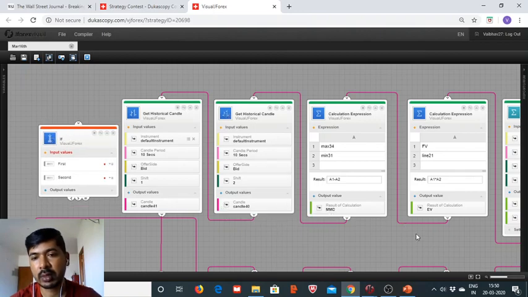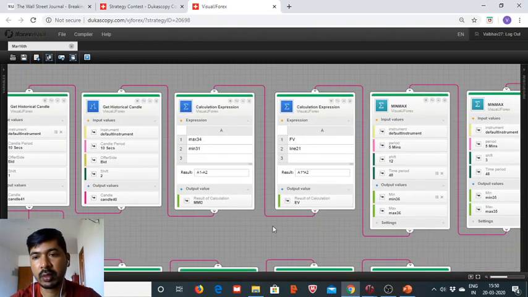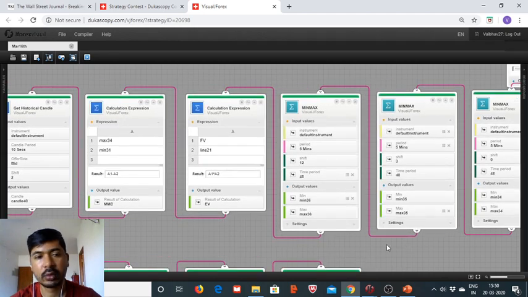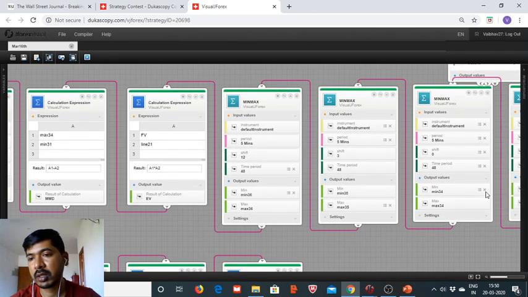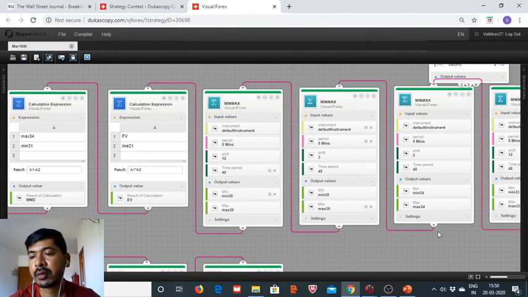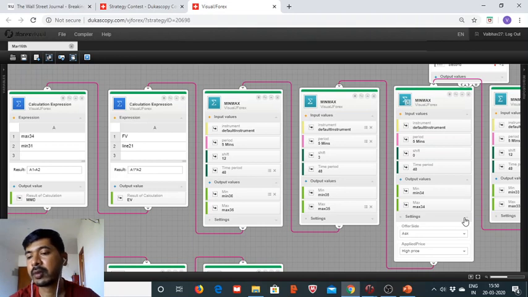This is maxima 34 and the minima 31. So I will show you what is maxima 34. Maxima 34 is the highest price of the last 4 hours. So here the current value, it is the current maximum value of last 4 hours.